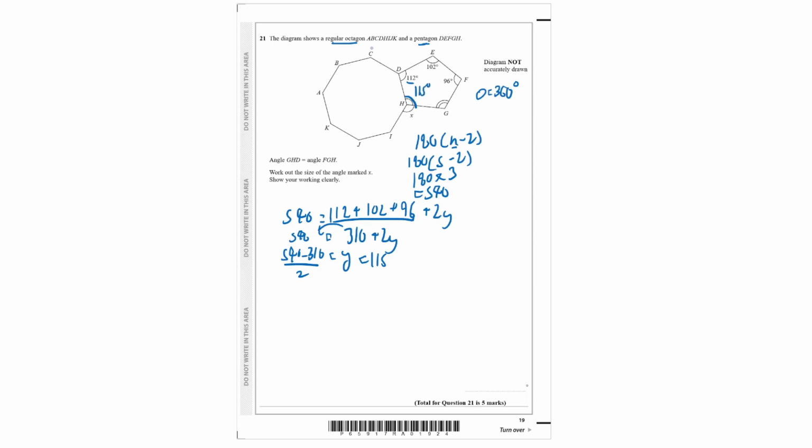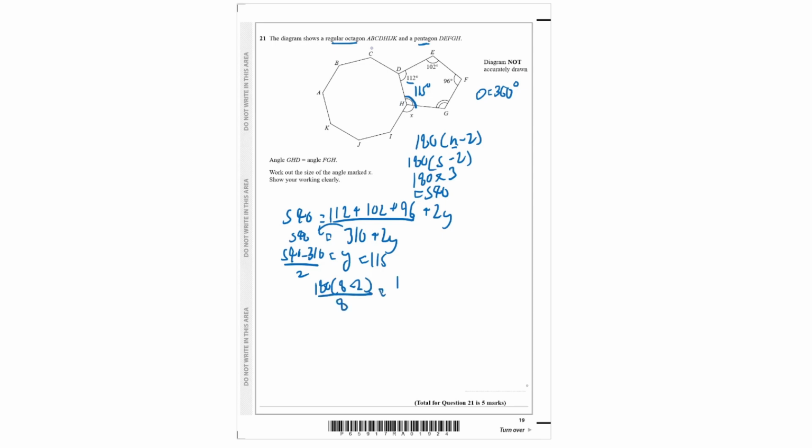So now that we have that one angle, we can then look for this angle. Now we can see that this is a regular octagon. So we can use the formula again, 180 times (n minus 2). We replace n with 8 since it's an octagon. And this gives us the sum of all angles. But we only want to find one angle, and since there are 8 angles, we divide it by 8.